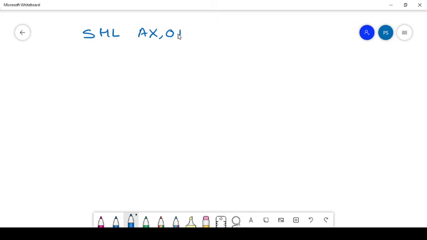This means shift left bit by bit the content of AX one time, or you can also specify SHL AX, CL, shift left bit by bit the content of AX by the number specified in the CL register. If it is 2, twice, 3, 3 times, 4, 4 times. So now for example I will go for one time.